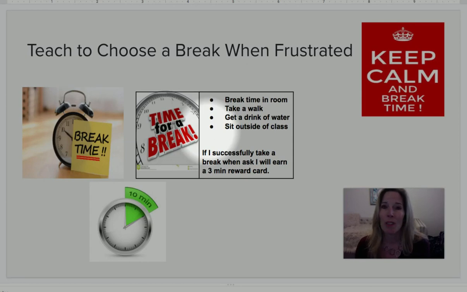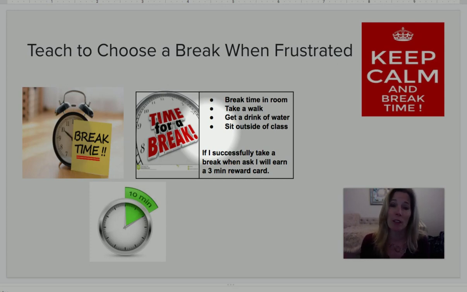We want this to be an option. We don't want this to be punishment. This isn't timeout. This isn't, oh, look at you, you're not doing what you're supposed to do, go take a break. That's punishment, and a student's going to feel punitive measures when you talk to them like that. So when you establish break, you want them to know, wow, this is a good thing to use.